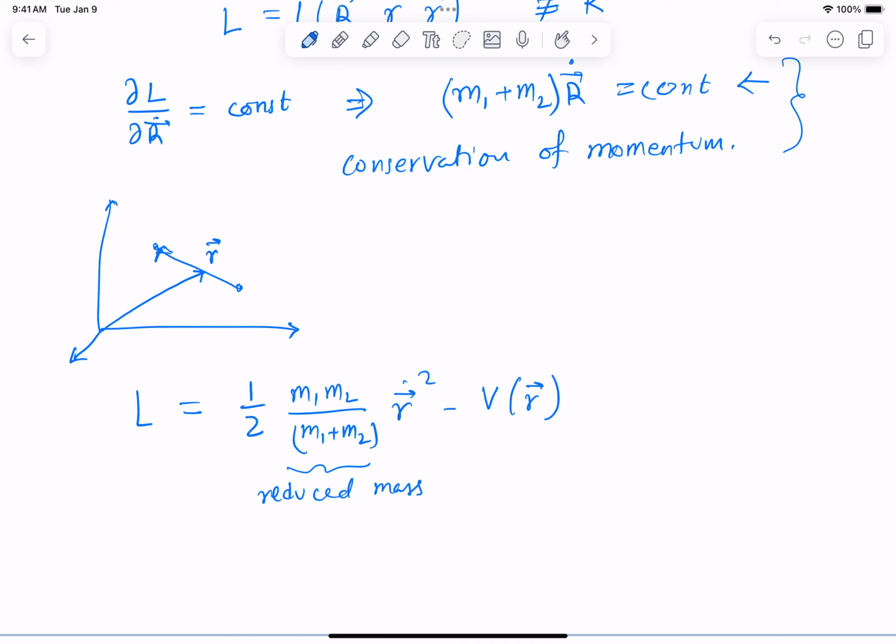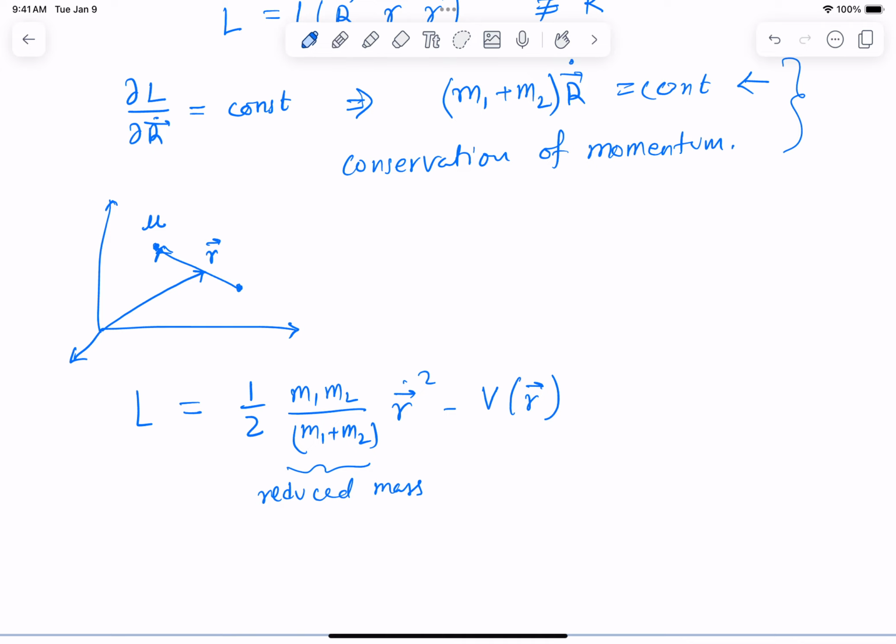Then we can imagine this problem as a problem in which we are studying some mass. So this mass is going to be this reduced mass. We're studying the motion of this mass, which is located at a point with position vector r, its mass is mu, and it experiences a force or a potential with respect to the second mass, wherever m2 was.